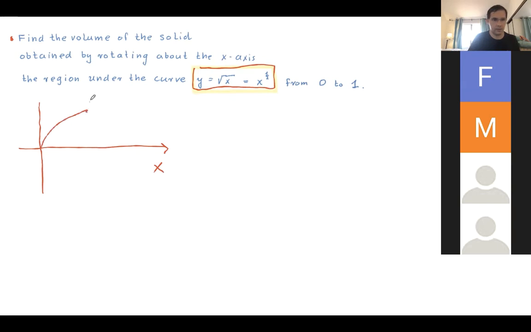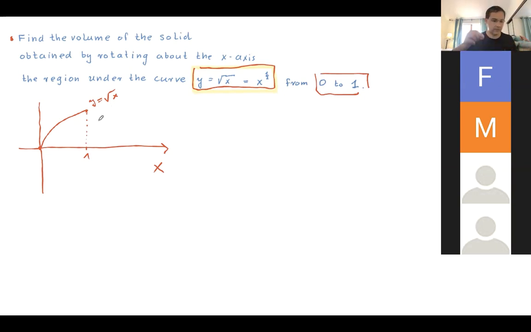So that's the function y equals square root of x. And it says consider this function not for all values of x, but only for x's between 0 and 1. So here's 0, and here's 1. Now let's look at this region underneath the function square root of x.